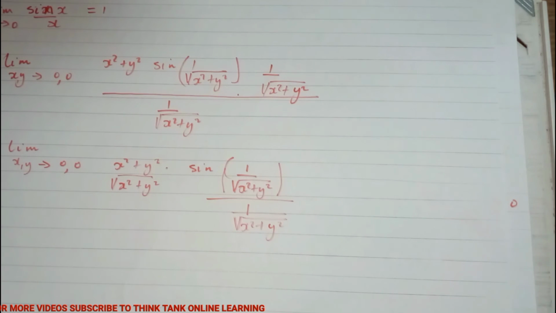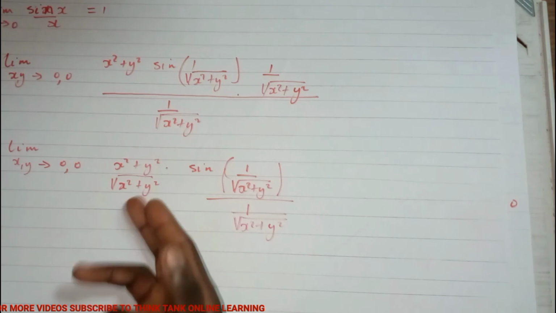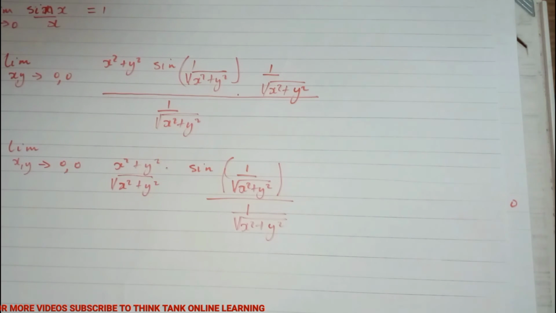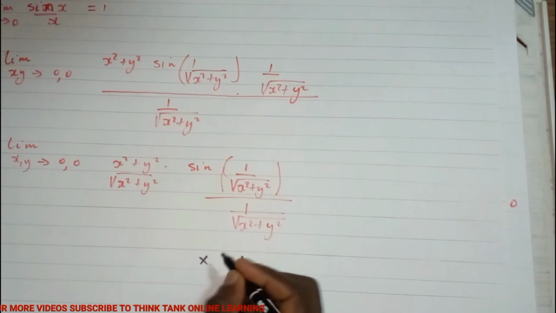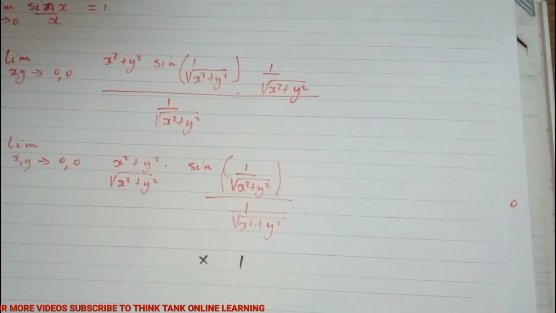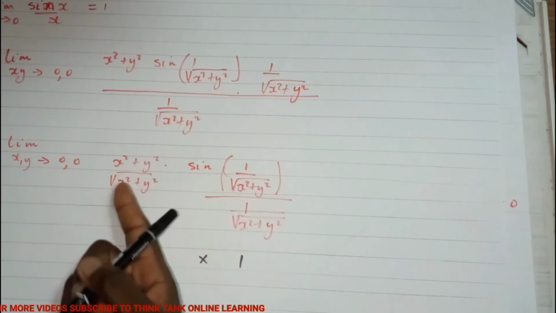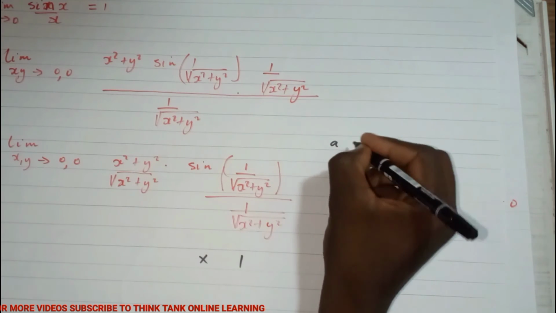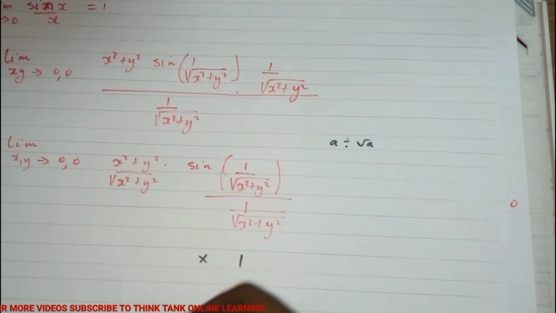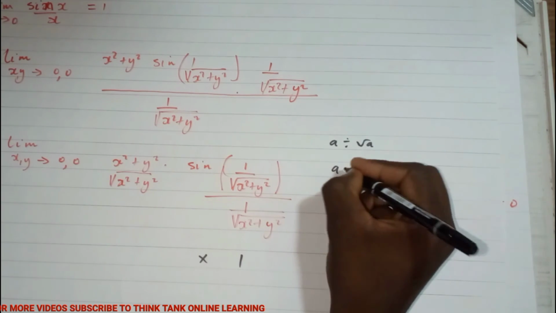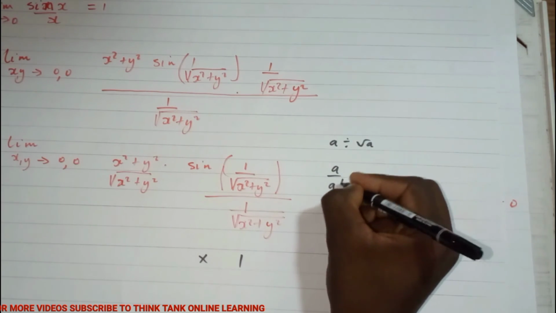So we're going to take the product of the limits, and we said this one is equal to 1. So let's just write times here. What about this? If you plug in 0, we have 0 at the denominator. But let's look, this one is the same as saying a divided by root a. So you can just say a divided by a to the power 1/2.